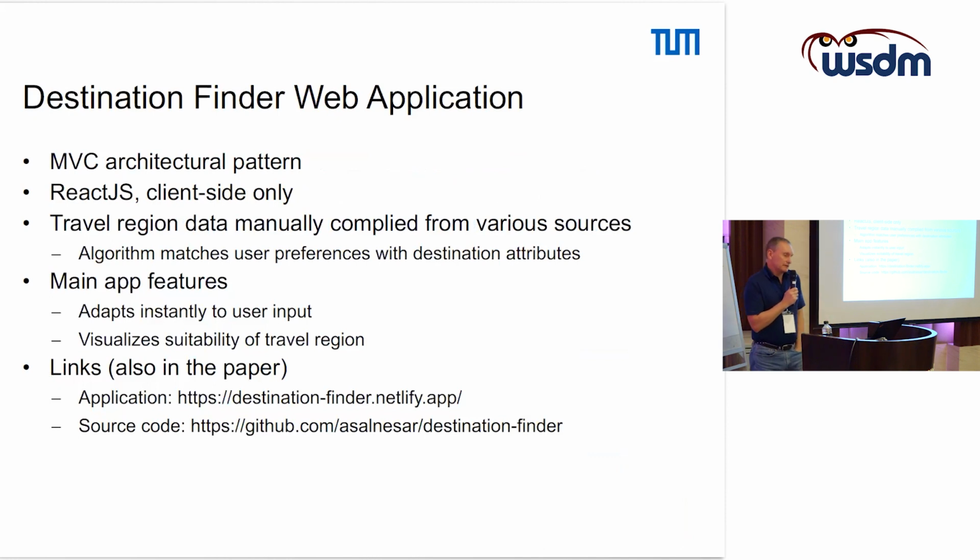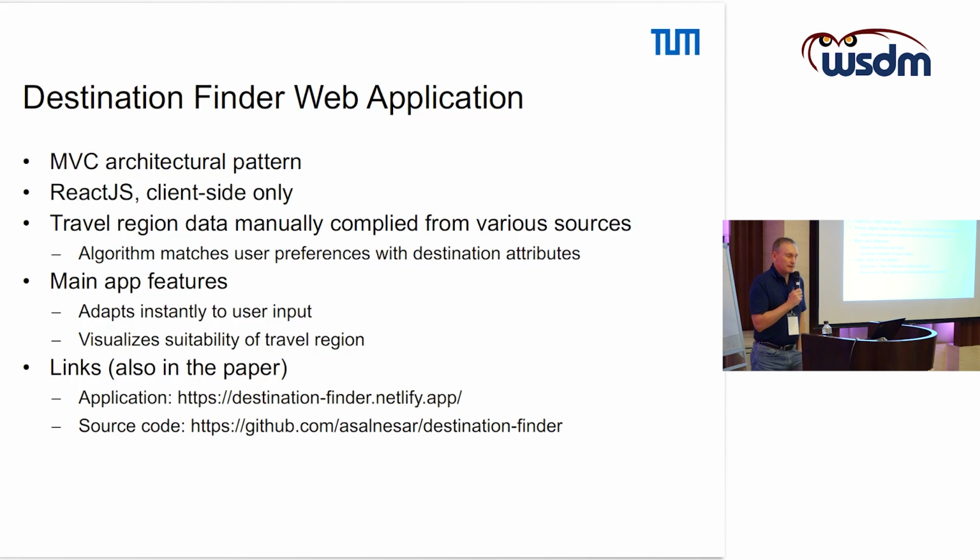Our destination finder application, which I will show you in a minute, is a web application following the MVC architectural pattern, model view controller. For the model, the data, we had a data set of travel regions that were manually compiled from various sources with certain attributes, like whether a region is suitable for hiking or culture or food, also a price level and other attributes.